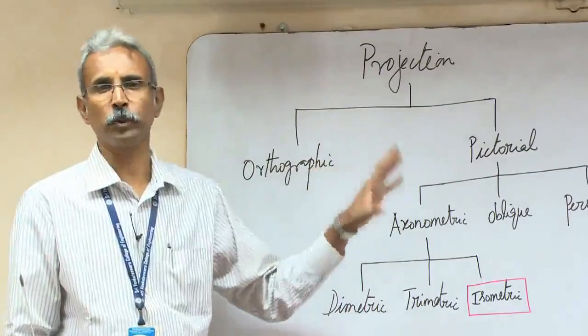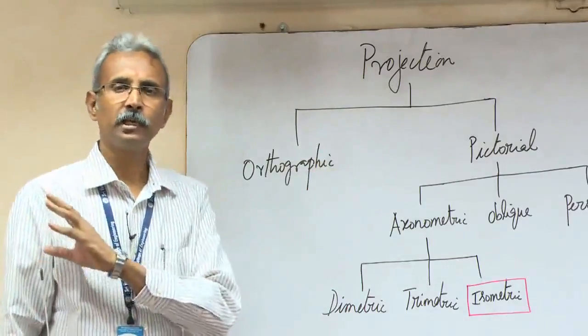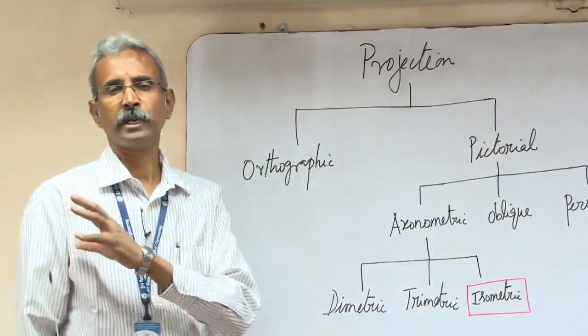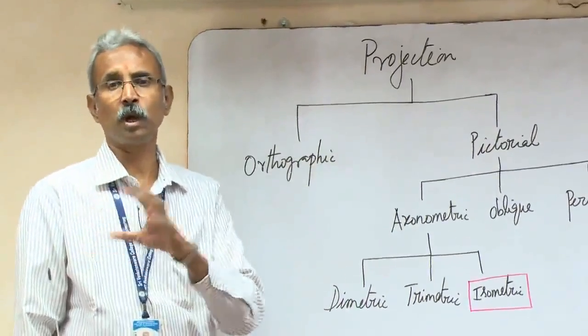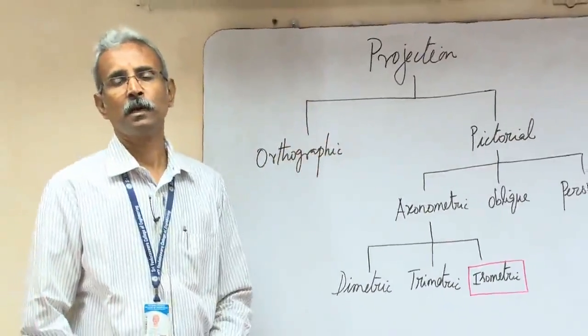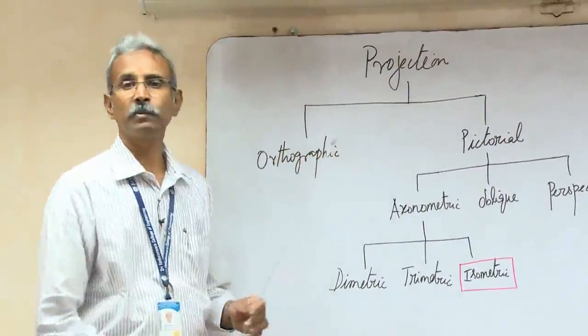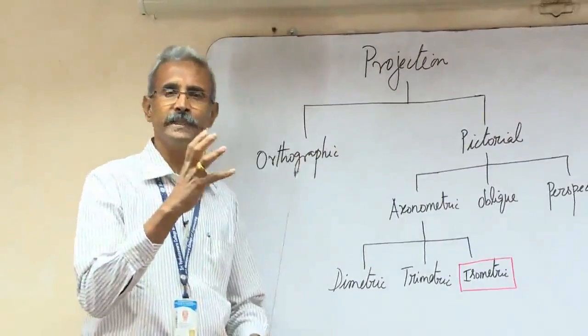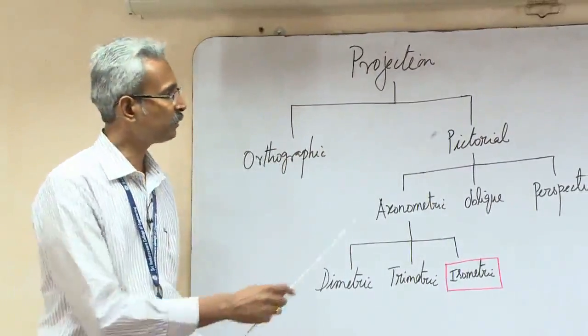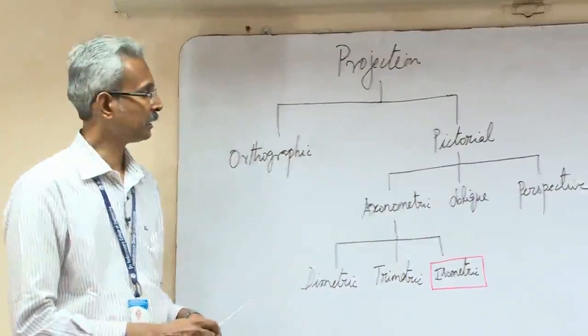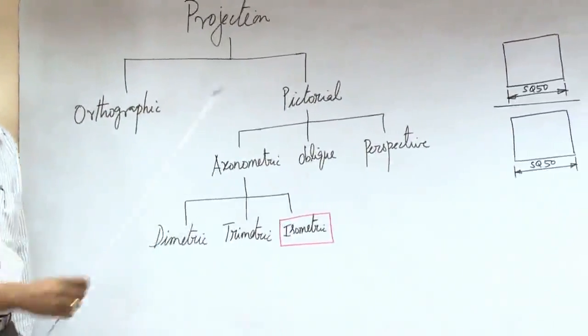Because on one side, we engineers always deal with orthographic projection and 2D drawings, whereas on the other side, the customer or the end user is more concerned about how the product will look. So that is where you have your pictorial projection, where you give a 3D representation of it. In this pictorial projection, again there are three types: axonometric, oblique and perspective.